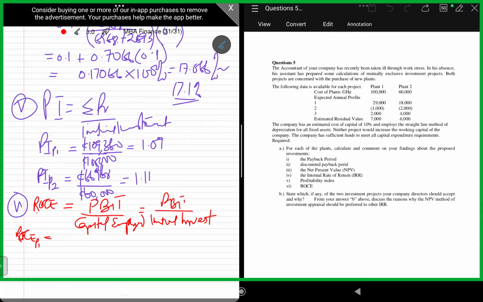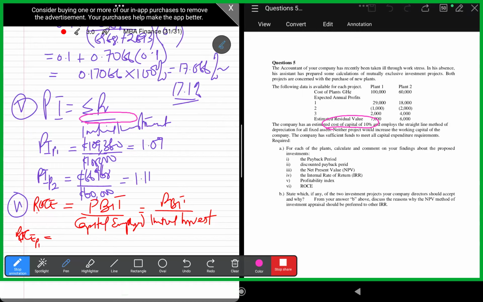So it's PBIT, and the PBIT values, watch, they are here. PBIT means profit before interest and tax. These figures here are all profit figures before interest, before tax. For plant one and plant two, they are annual profits.